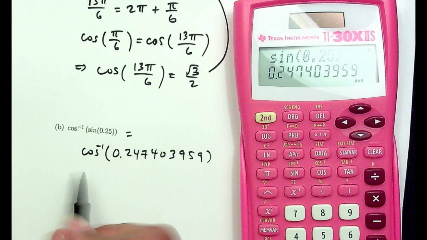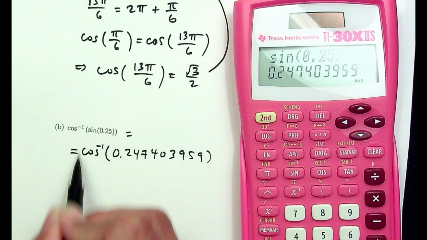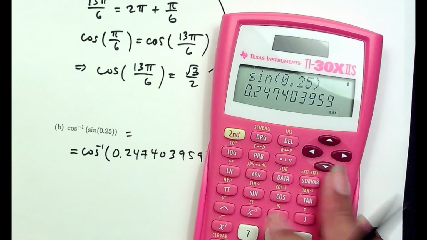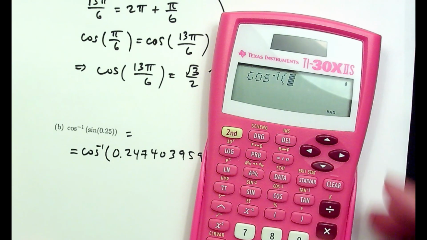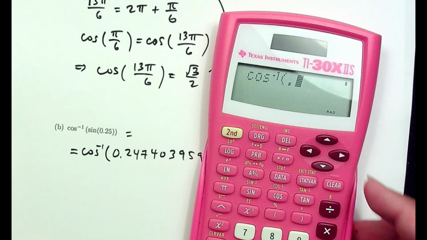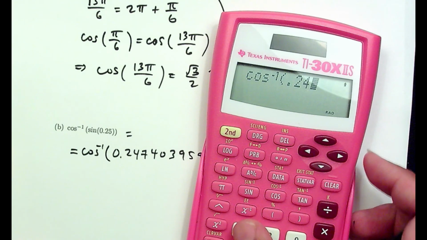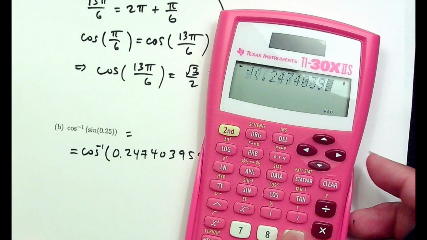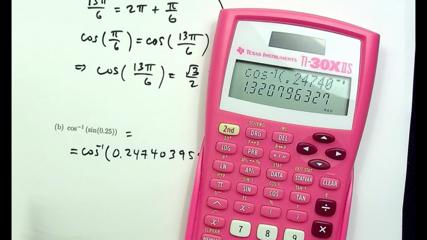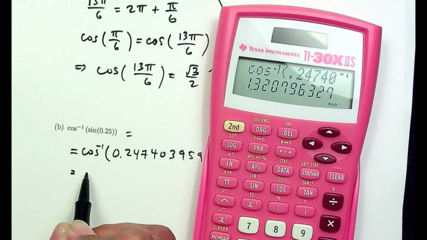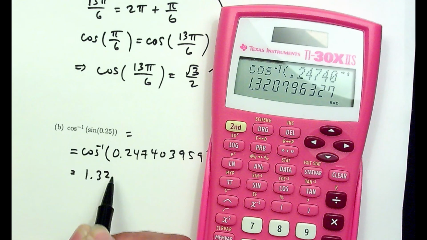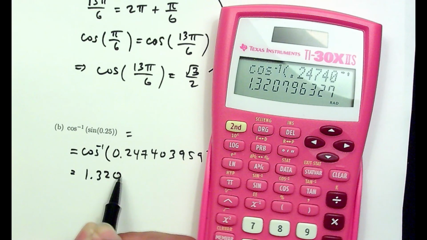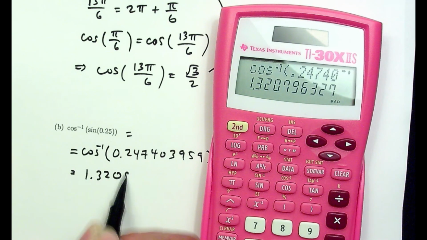Then you're going to find cosine inverse of that. So cosine inverse of 0.2474.03959. You're going to get 1.3208, rounding to 2 decimals.